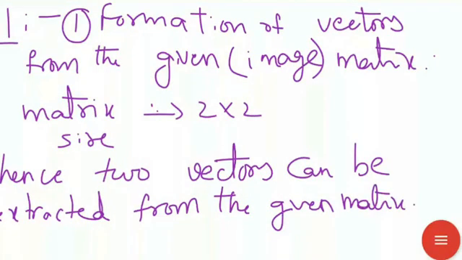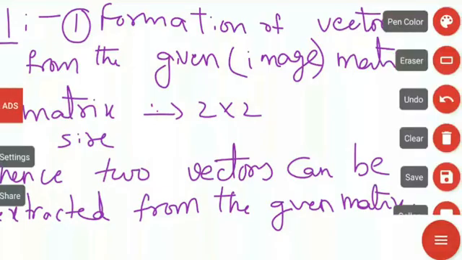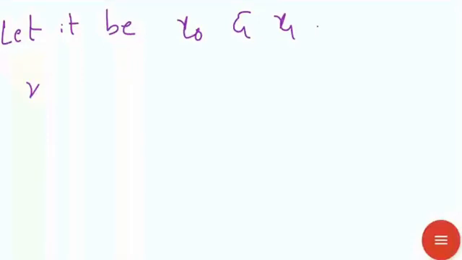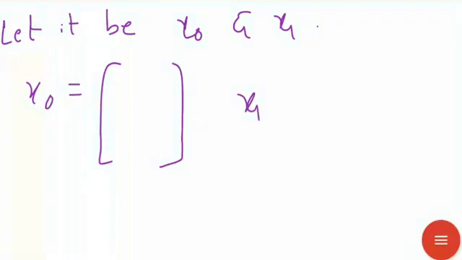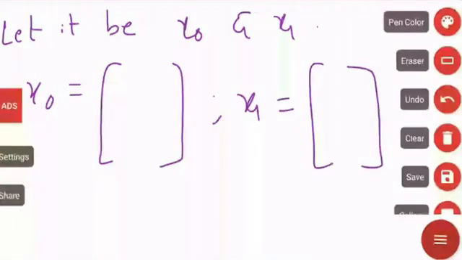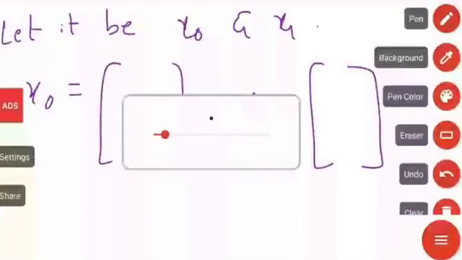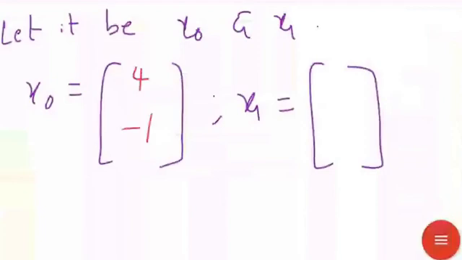Okay, so now let it be x0 and x1. x0 is [4, -1], x1 is [-2, 3].